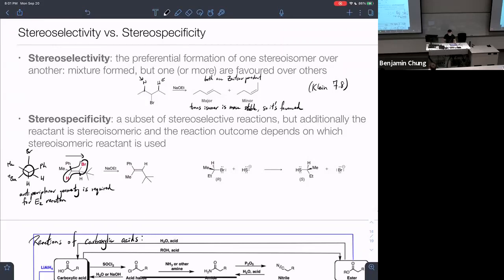So you can imagine when these two groups are eliminated, the molecule flattens to give you the alkene.